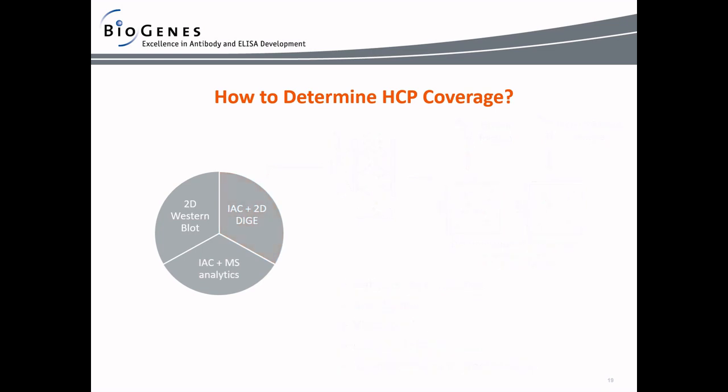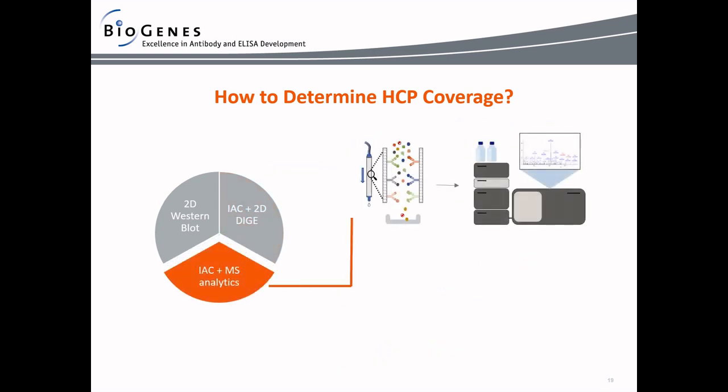The last orthogonal method, which is just evolving as another available tool for coverage analysis, is mass spectrometry. BioGenes offers, in collaboration with AlphaLyse, MS services upon request. First of all, MS allows for identification of specific HCPs and it further enables relative quantification. However, it is no visual readout, and for the evaluation, a suitable protein database is required.